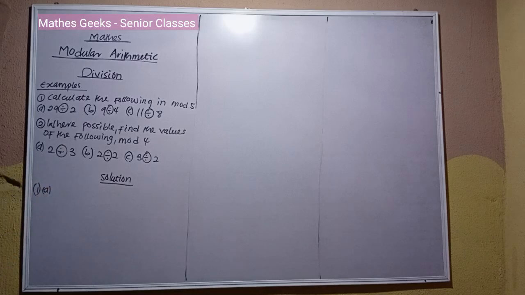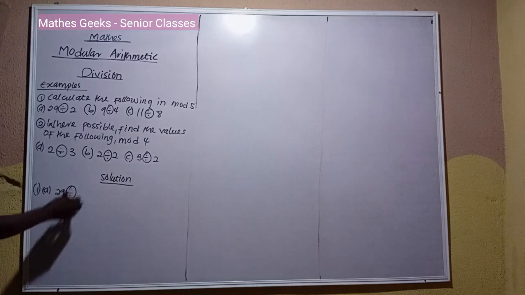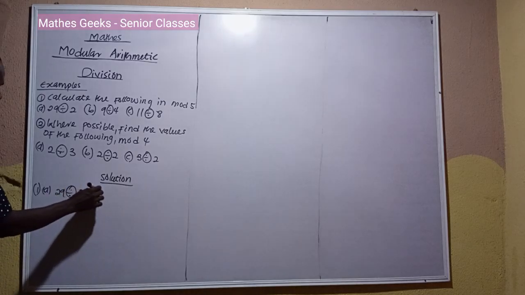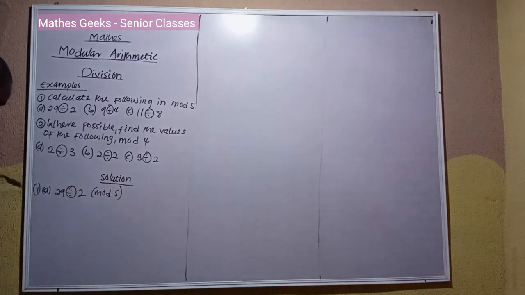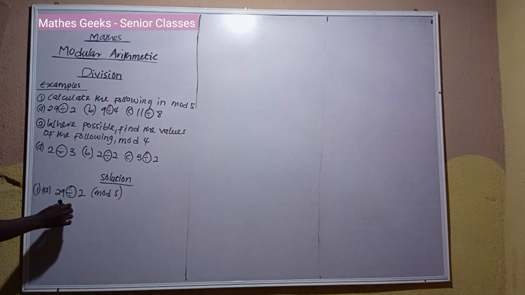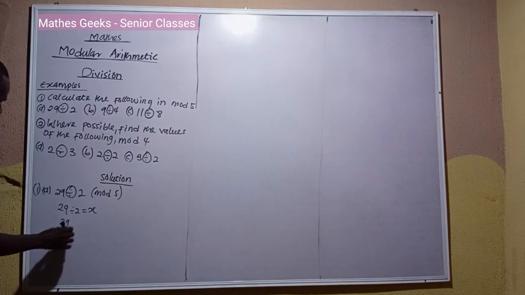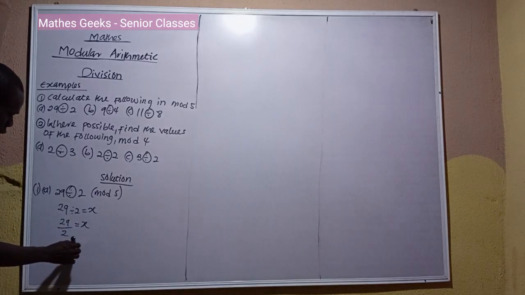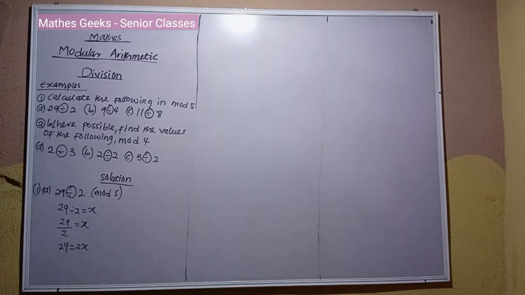You calculate the following mod 5: 29 divided by 2 mod 5. 29 divided by 2 is equal to x. 29 over 2 equal to x. 29 is equal to 2x.